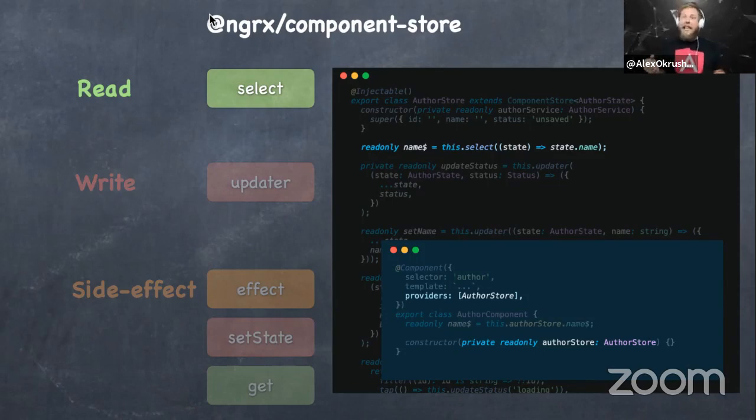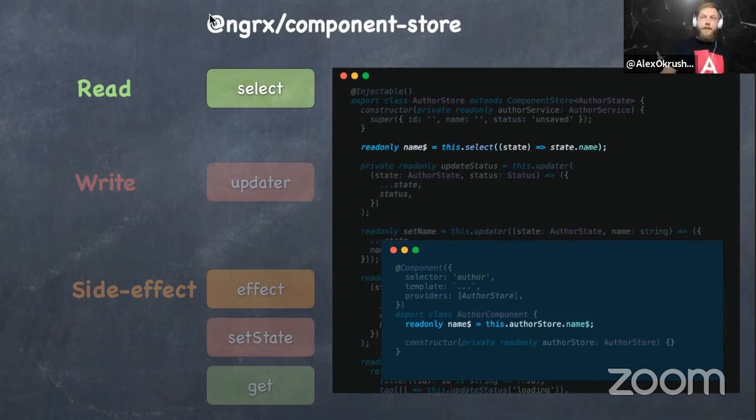So when the component gets destroyed, when somebody navigates away from this component, or whatever the case, our store state is automatically destroyed. So it lives very temporarily. Okay, and now we can access the name by going to the author store, right, and just doing .name$. So this is how we use the selector.